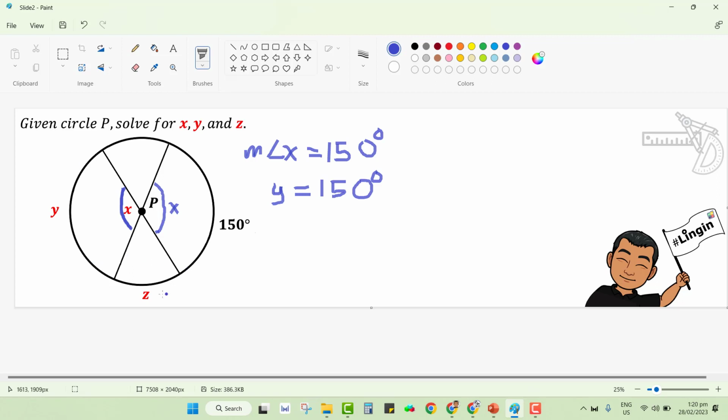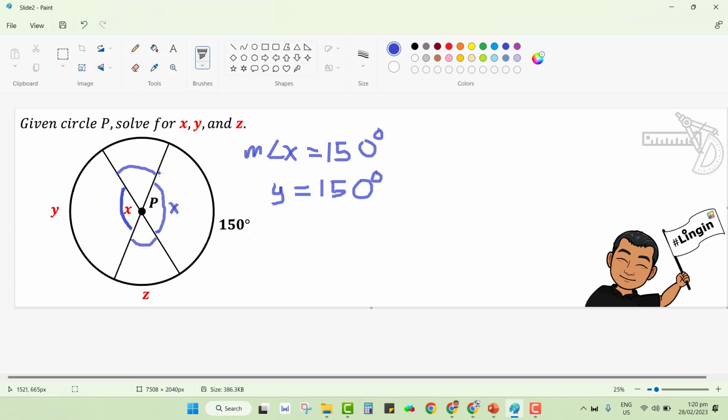Now, in solving for arc z here, we cannot use the value of this central angle because we don't know its value yet. Even if we use the same concept earlier in solving x and y, the other central angle and its intercepted arc also don't have any measurement.